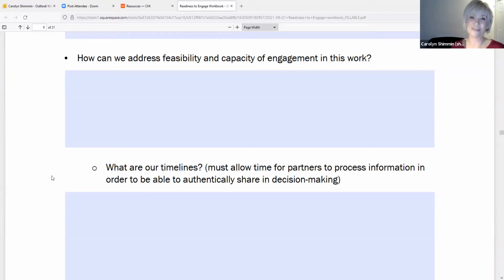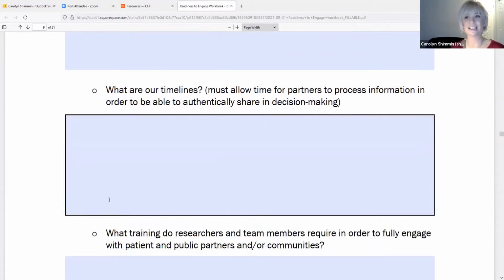So what are our timelines? Allowing time for meetings where we get to know one another and build the relationship, and allowing time for partners to process some of the information that they're learning in order to authentically share in the decision-making power.